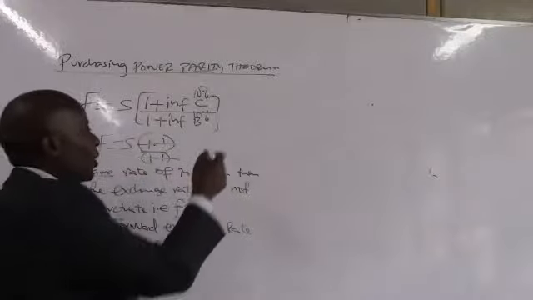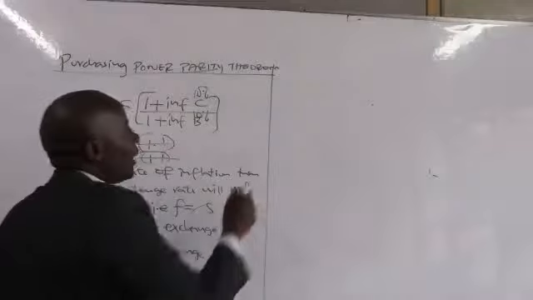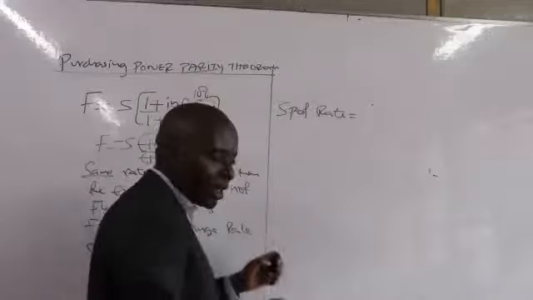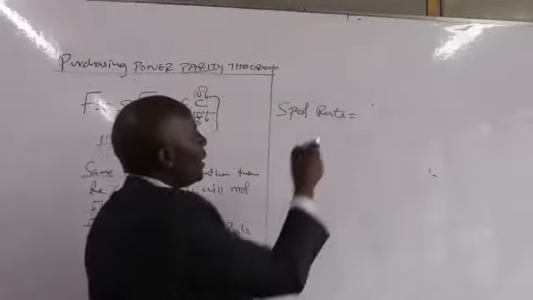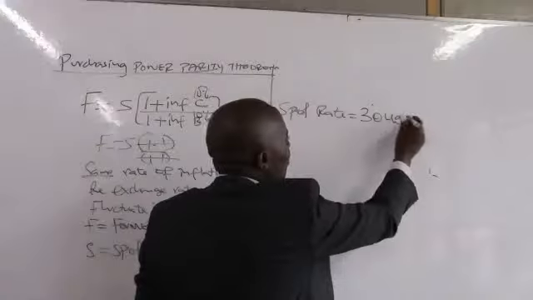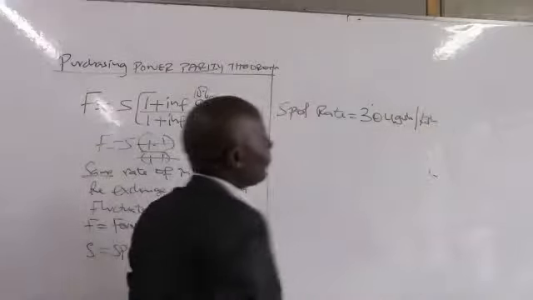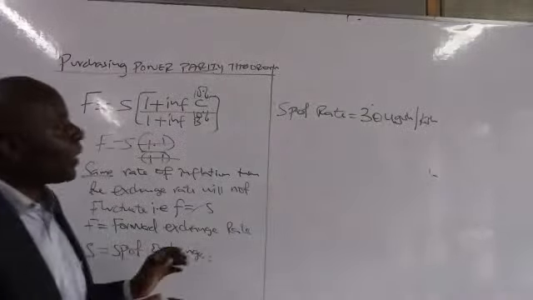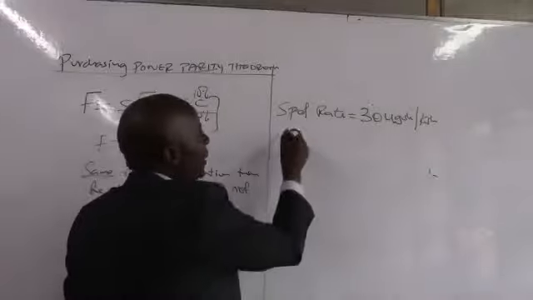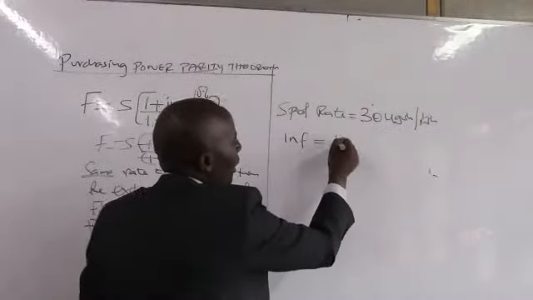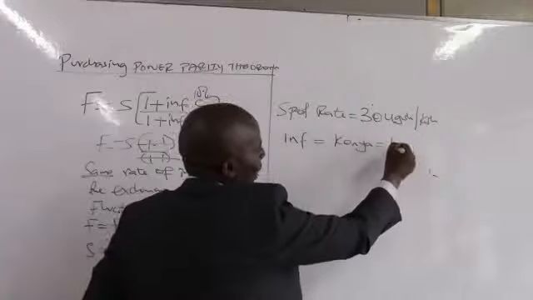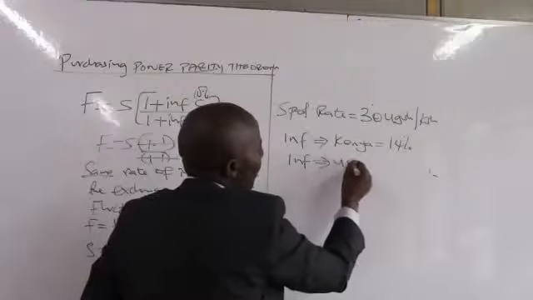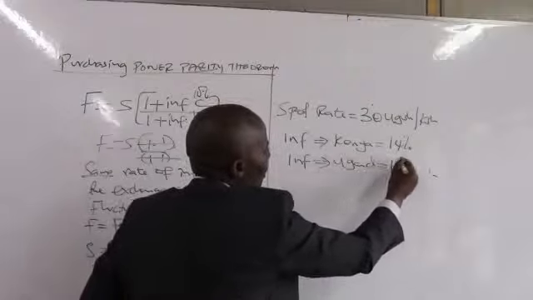So now I have a question here, an illustration. They have given me a spot rate of 30 Uganda shillings per Kenya shilling. They have given me inflation in Kenya, which is 14%, and inflation in Uganda, which is 16%.